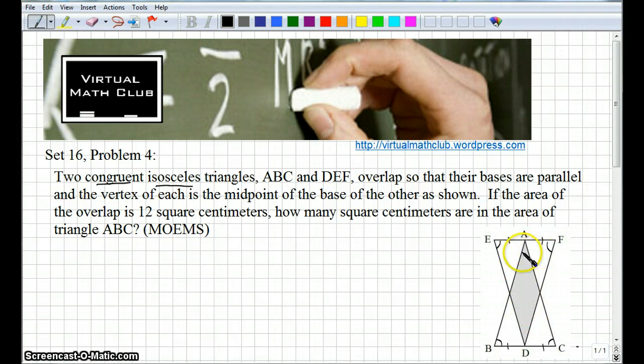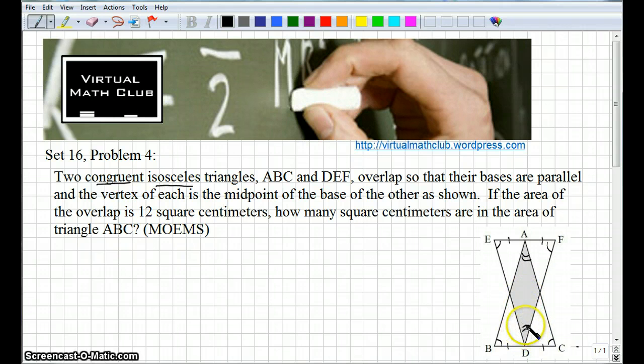And also because they're congruent, this angle up here, angle A on the triangle ABC, the vertex, is the same as this vertex at D. Those are the same angle.